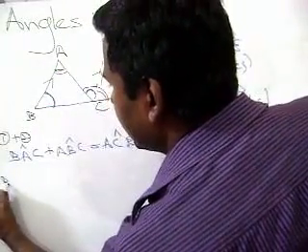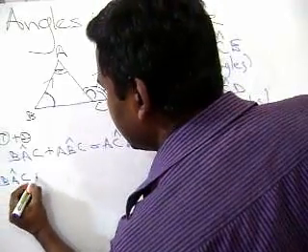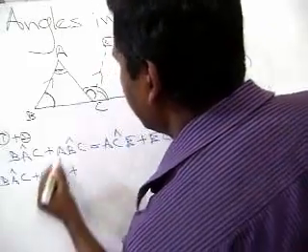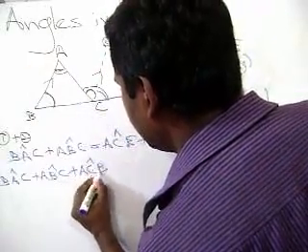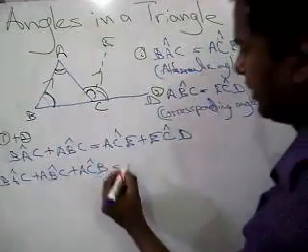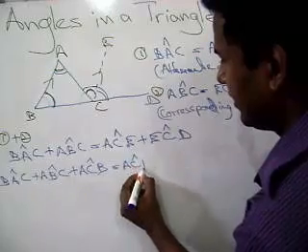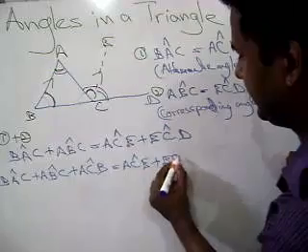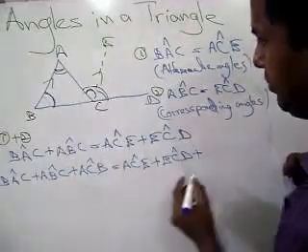So let me take BAC plus ABC plus ACB equals ACE plus ECD plus ACB.